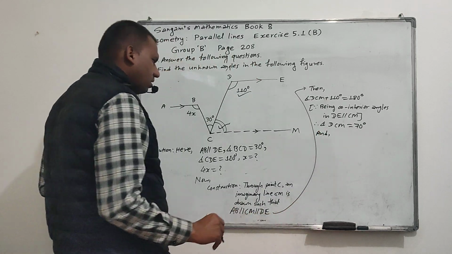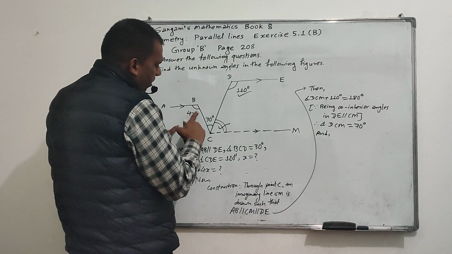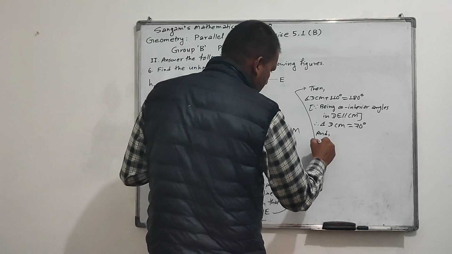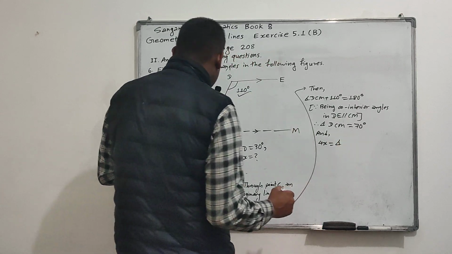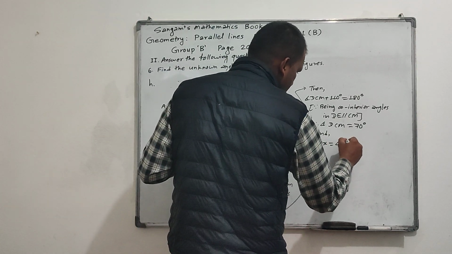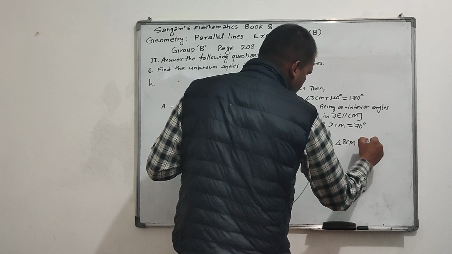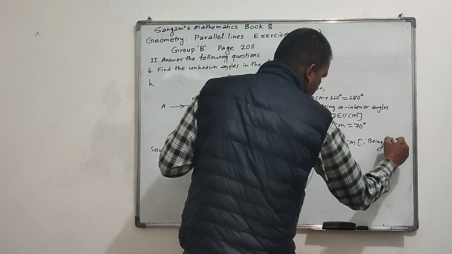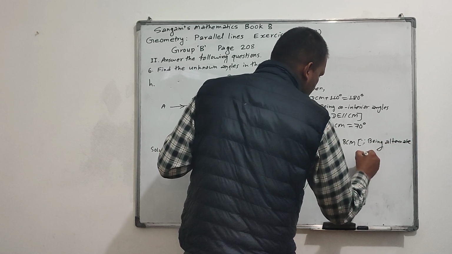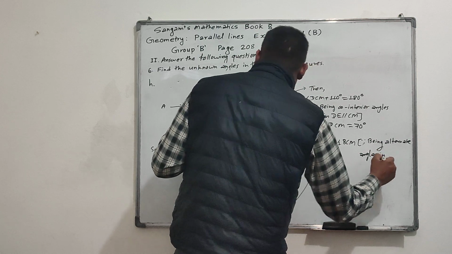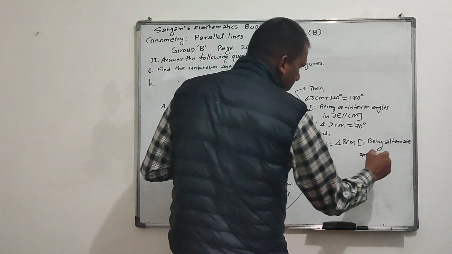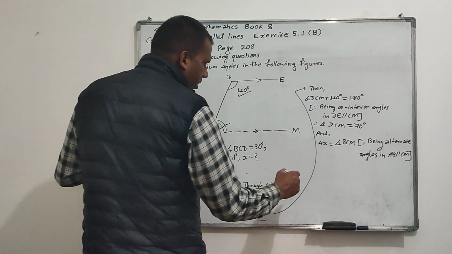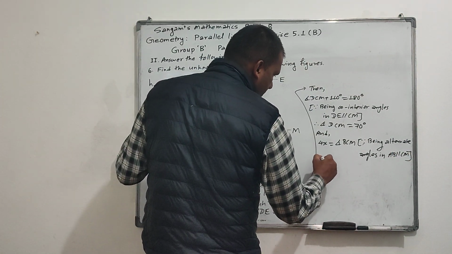After this, x and angle BCM are alternate angles. So x is equal to angle BCM, being alternate angles in AB parallel to CM.